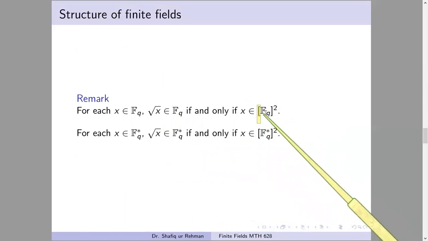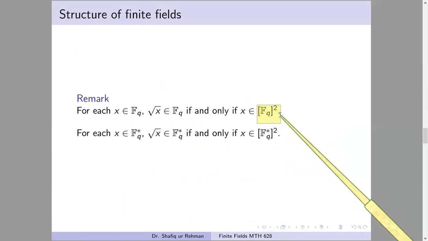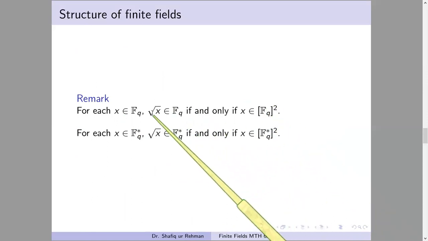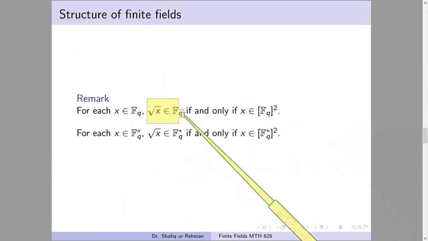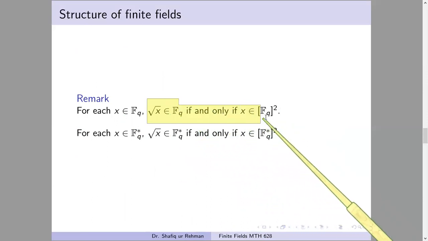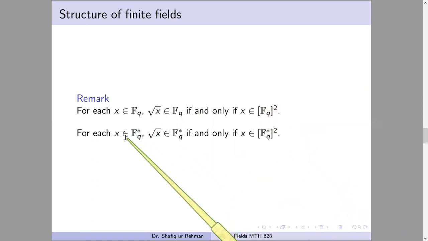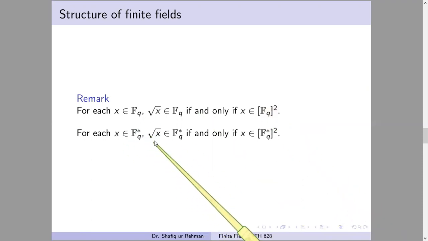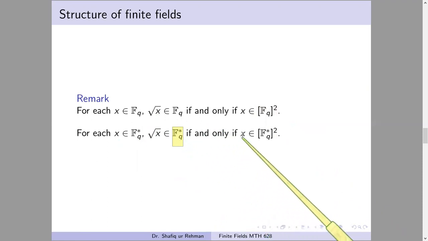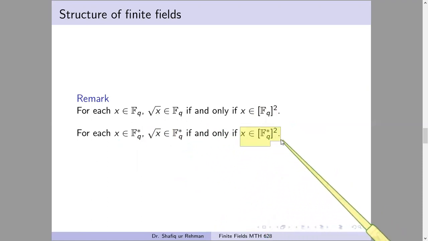This is the set of all elements that can be written as the square of some element. This is the set of all the squared elements. Similarly, for non-zero elements, a non-zero element has a square root in this group if and only if that element belongs to the squared set.